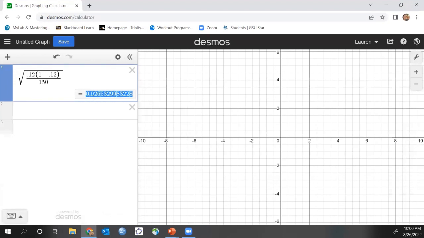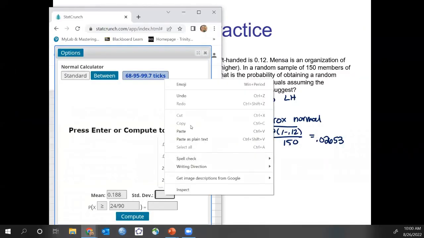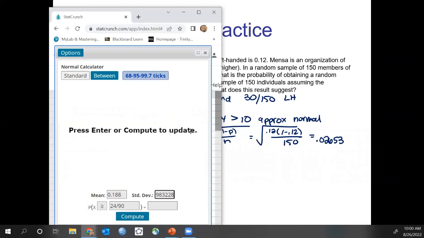Right click, copy. Right click, paste. There it is. This then allows me to not have to round and makes it even more accurate.